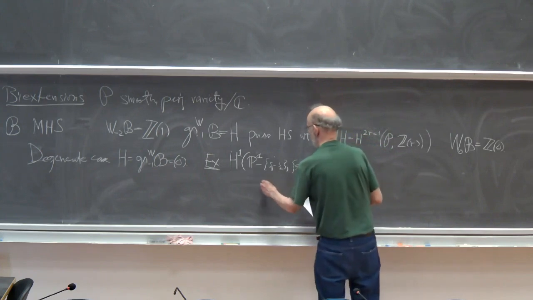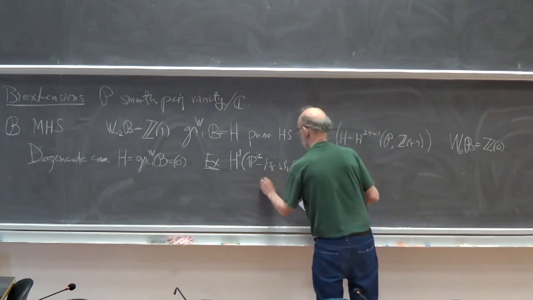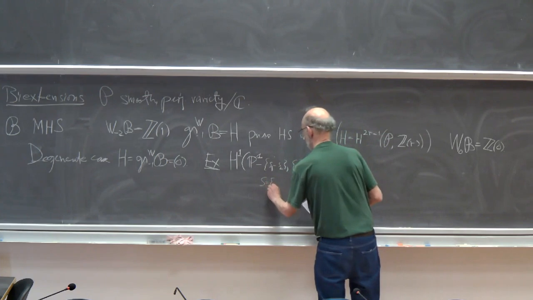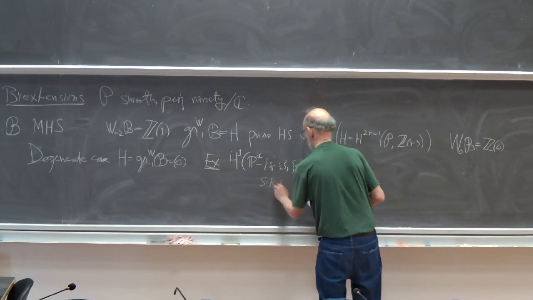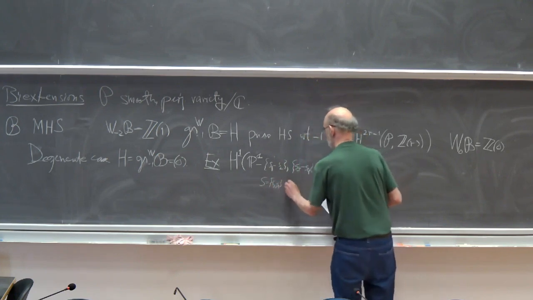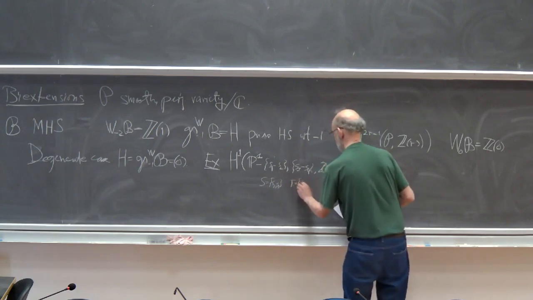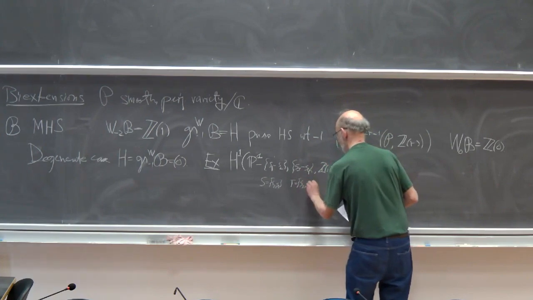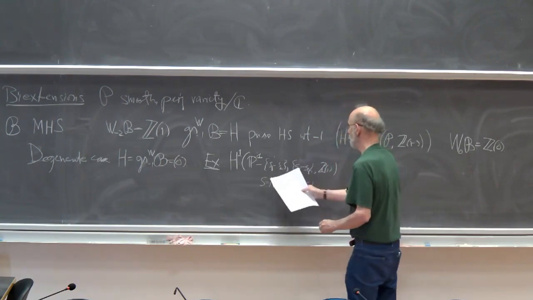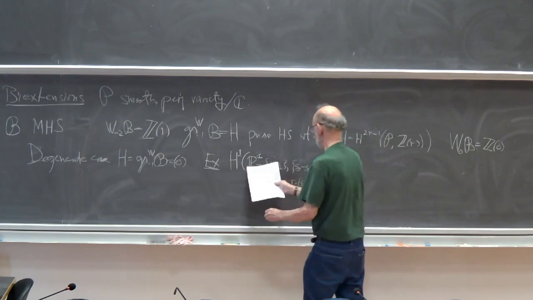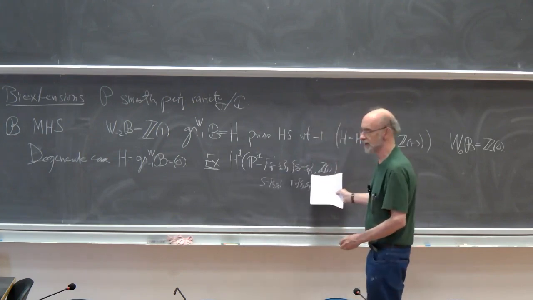So if I write, let's say, capital S for the set S1, S2, and let T equal the set S3, S4, then this, as I've written it, doesn't make any sense.